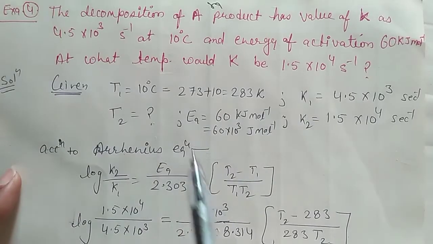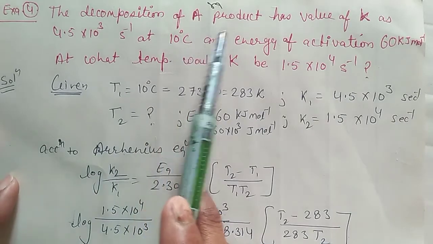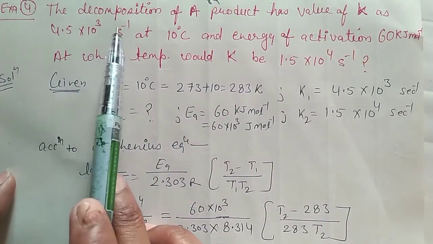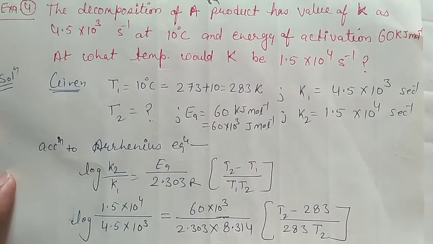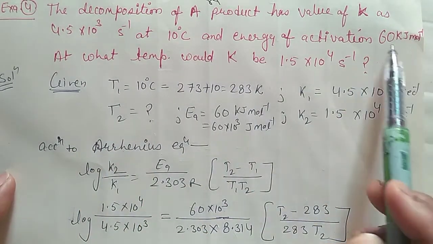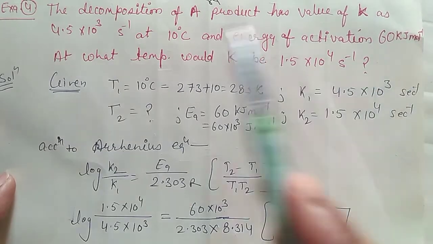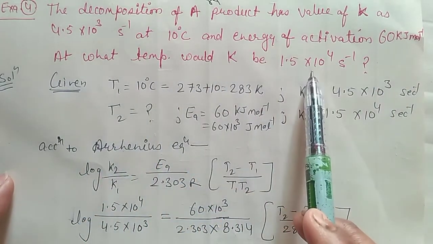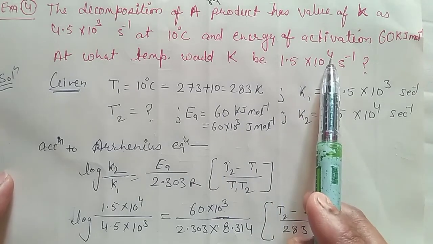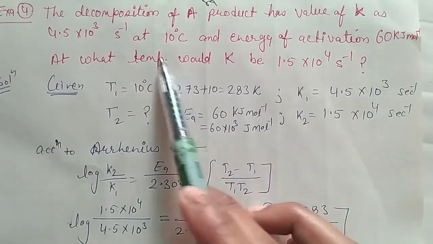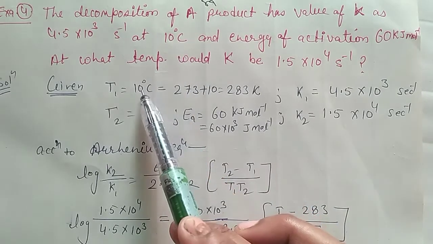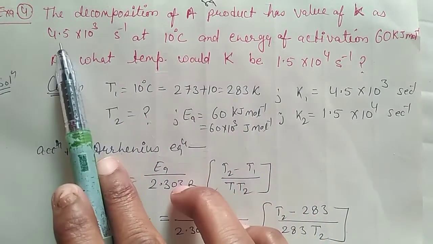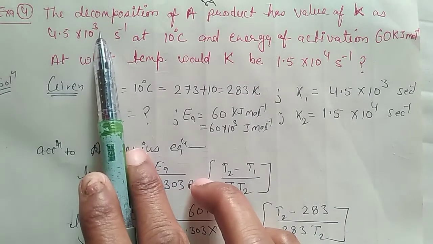Next example: the decomposition of a product has a value of k as 4.5 into 10 to the power 3 per second at 10 degrees Celsius, and the activation energy is 60 kilojoule per mole. At what temperature would k be 1.5 into 10 to the power 4 second inverse? At 10 degrees Celsius, or 283 Kelvin, k1 is given as 4.5 into 10 to the power 3.